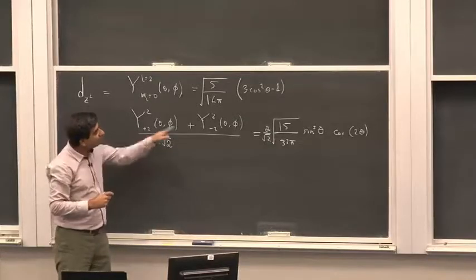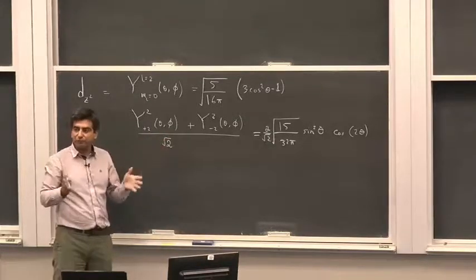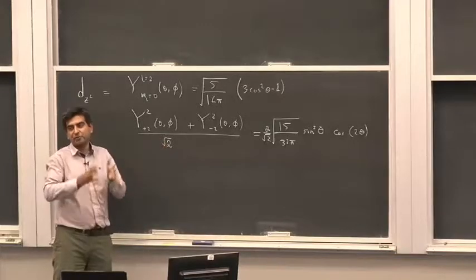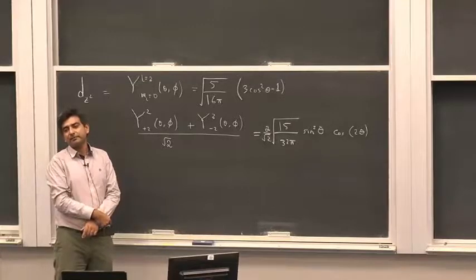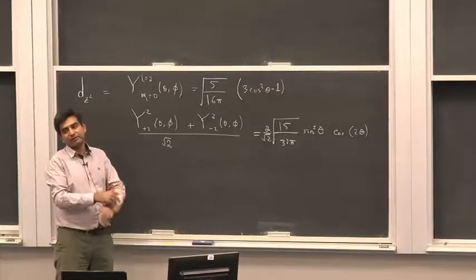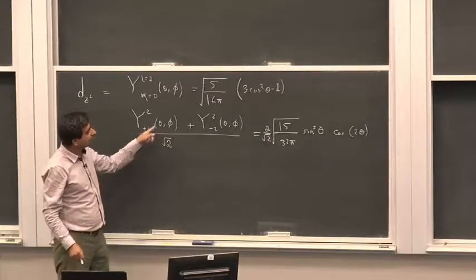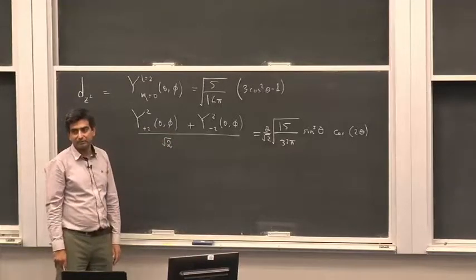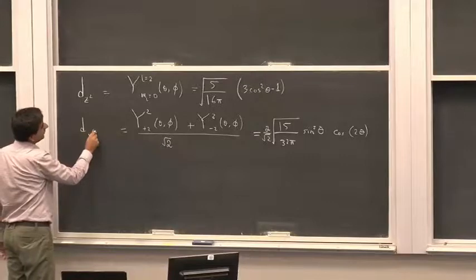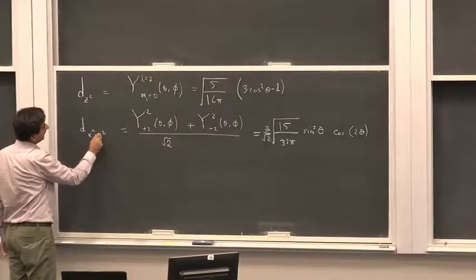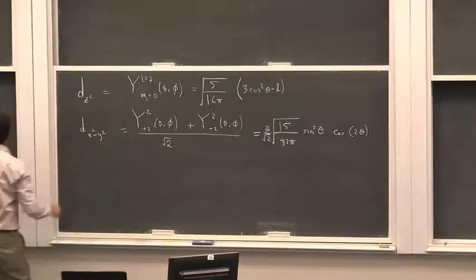So you need to create a superposition of two states, of two wave functions or two spherical harmonics, which generates an eigenstate of the crystal field Hamiltonian, and the appropriate eigenstate is this one. Okay? So this is what is called dx square minus y square, and this is plotted over here.